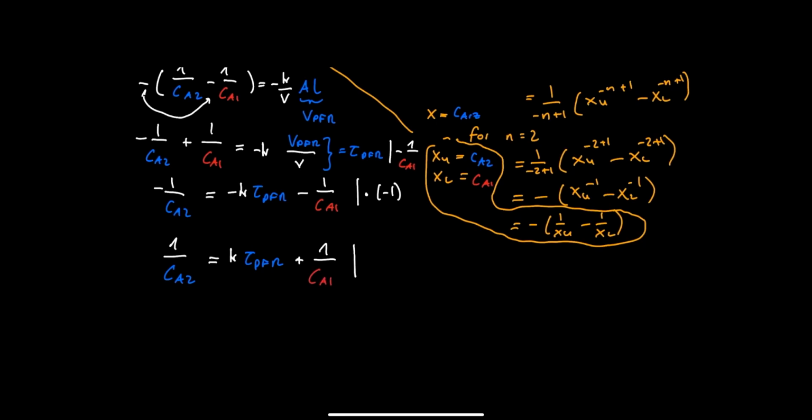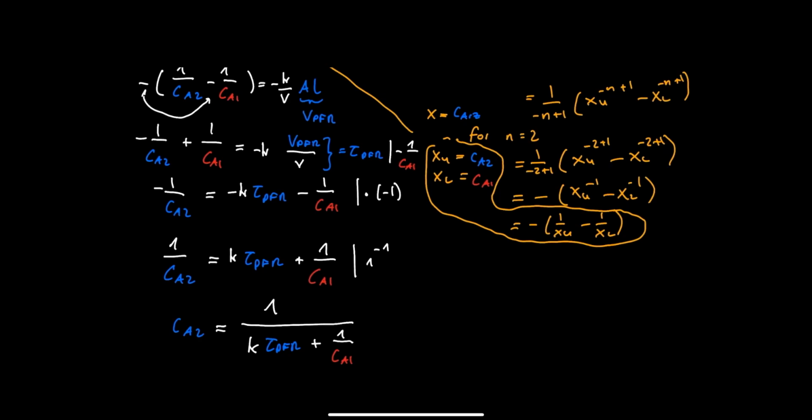We will elevate this equation to negative 1, inverting both sides of the equation. So CA2 is going to be equal to 1 divided by K times tau PFR plus 1 divided by CA1.